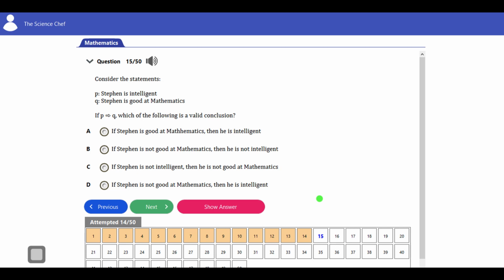Yes, because Stephen being good at mathematics depends on him being intelligent. So if he's not intelligent, there's no way he would be good at mathematics. So let's see the last option. If Stephen is not good at mathematics, then that one is contradicting. The two statements are contradicting themselves. So the correct answer here is C. If Stephen is not intelligent, then he is not good at mathematics.